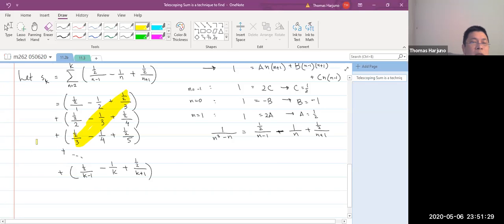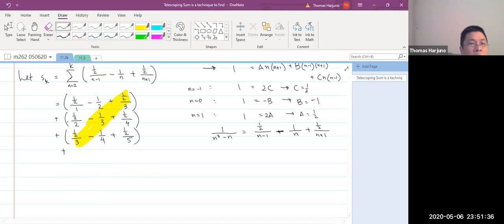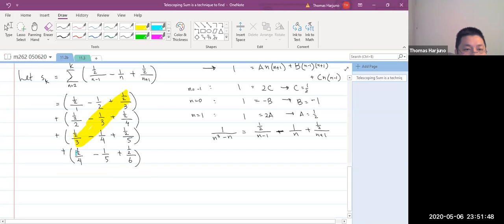Let me write more here: 1/2 over 4 minus 1 over 5 plus 1/2 over 6. Notice that this one with this one with this one cancels.